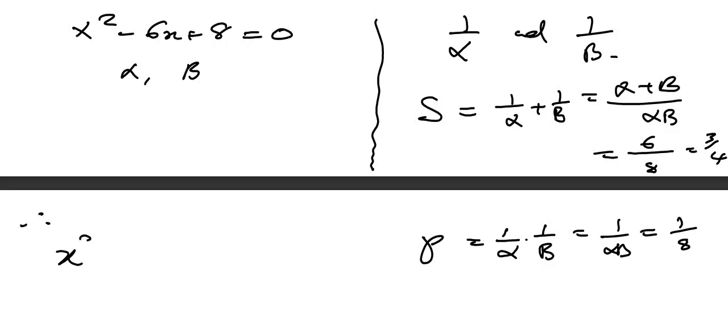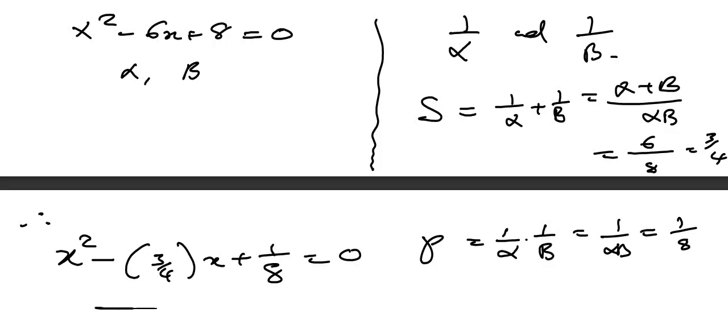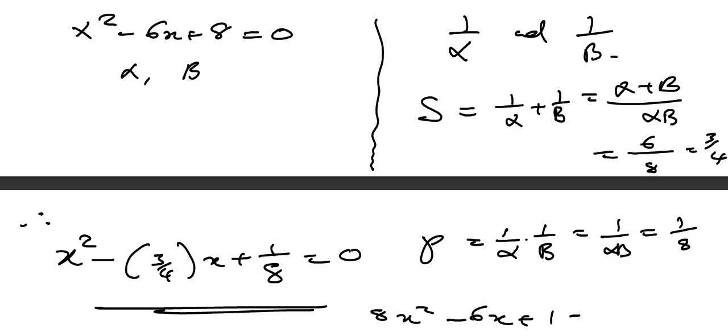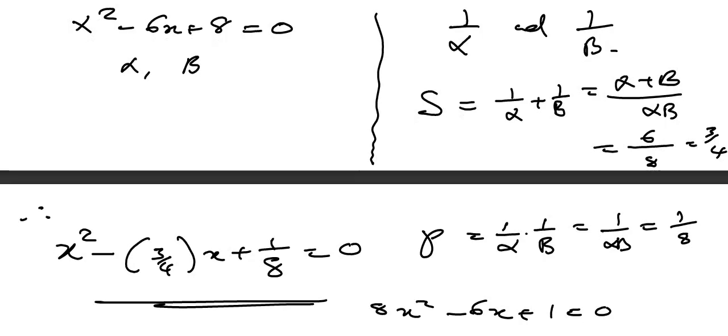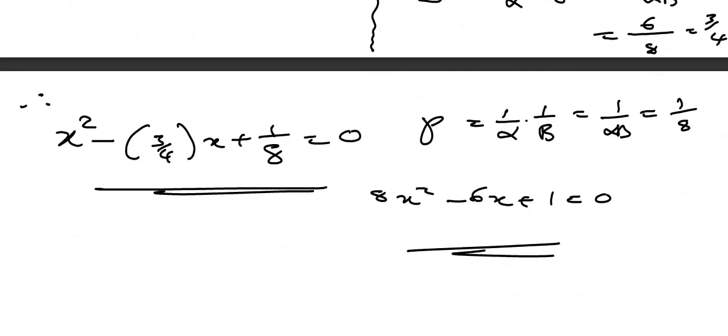We put x squared minus the sum, which is 3 over 4, then x plus the product, 1 over 8, is equal to 0. So this is what you get. You can break it down by multiplying throughout by 8 to make it a straight expression without having fractions or rational parts. So this is what you get.